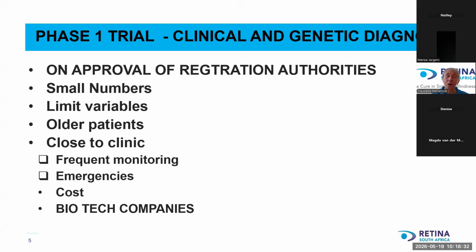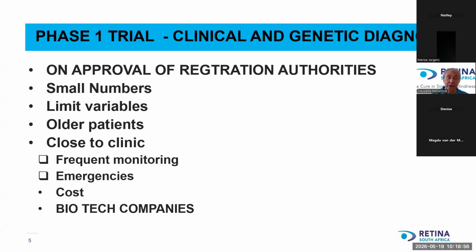So that's why they will choose people with a specific genetic diagnosis, which normally follows a similar pattern. They sometimes take older patients because the risk they lose their vision, it's not that much vision to lose, but they won't put, for example, children on a phase 1 clinical trial where the odds of risk are much higher.